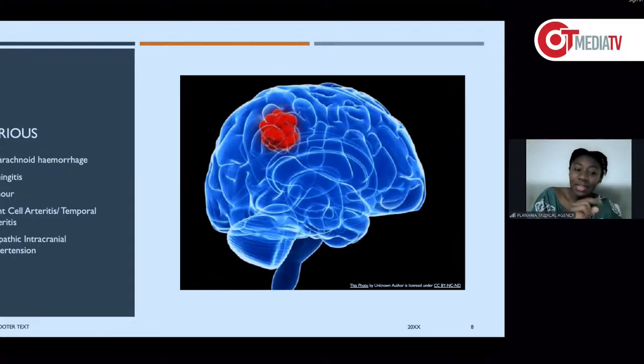Idiopathic is a medical term that just tells us we don't know what causes it. Intracranial just means inside your head, and hypertension, high pressure. So something inside your brain that we don't know is causing high pressure in your brain, and it's causing you to have a headache. It's literally a tension inside your brain that is causing you to have a headache.